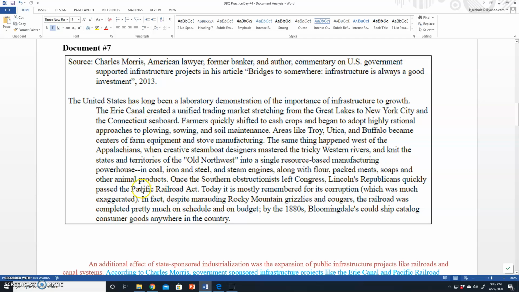Talks up the benefits of the Pacific Railroad Act, and how those government-sponsored infrastructure projects were super awesome. So he's all about that. All I got to do now is just point that out. Infrastructure is always good. That's what he said. Those aren't my words. This guy, before we read the document, sounds super positive about it. Well, all you have to do is point out why he's super positive, and what are the possible benefits for him for doing that.